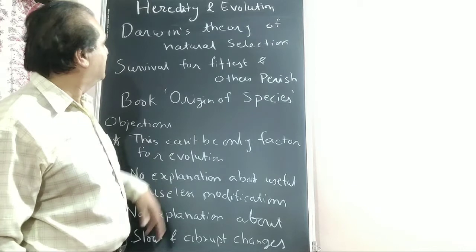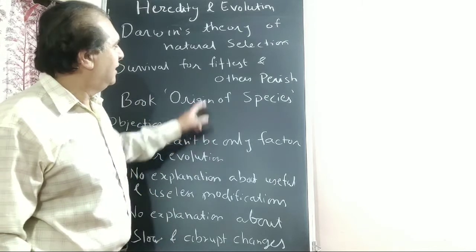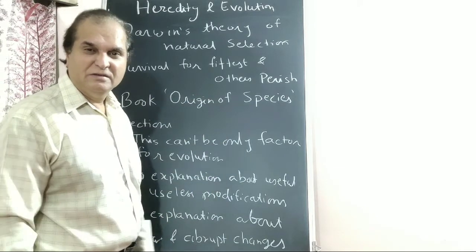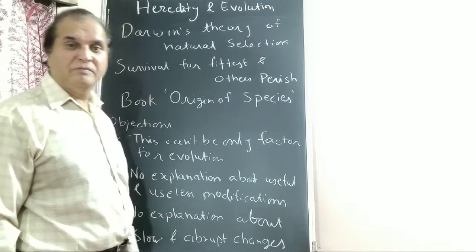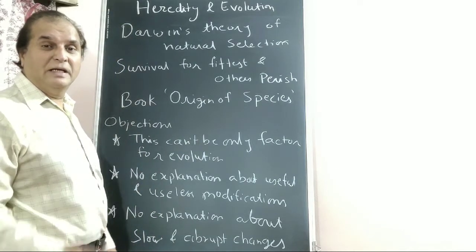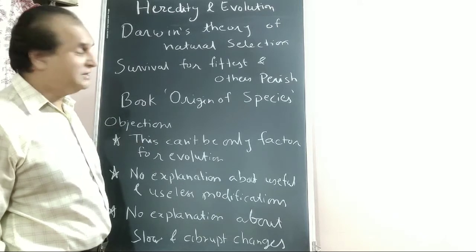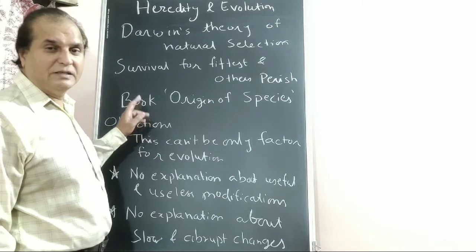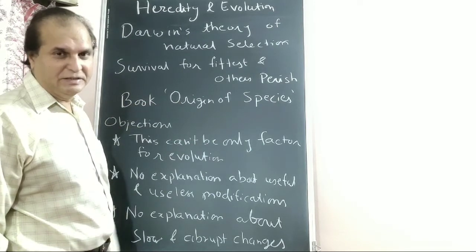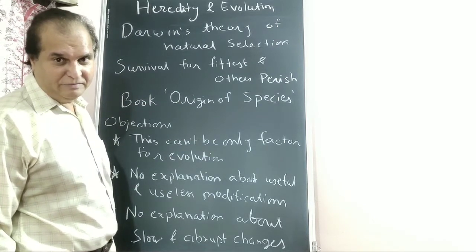Those organisms survived and others perished. They could not develop new species, new offspring. In his book, Origin of Species, he wrote about his theory.